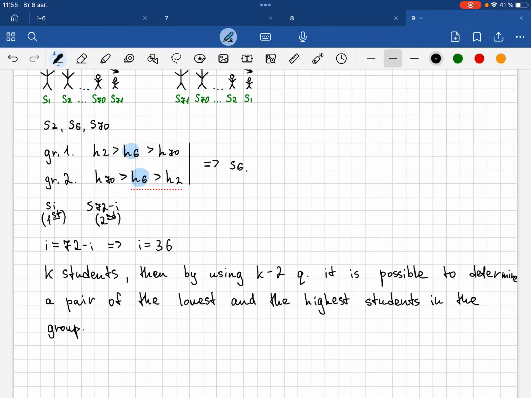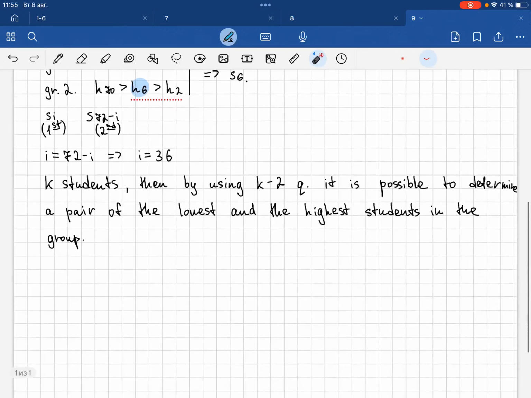And we'll do it without specifying which of them is actually the lowest and the highest. So we are interested in this pair, not in a particular lowest and highest student.